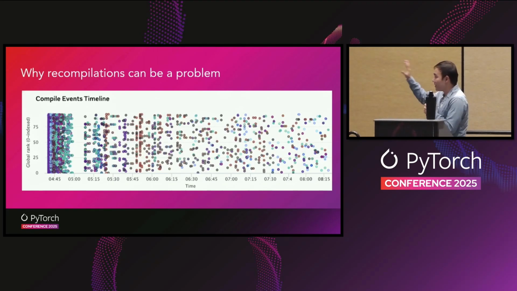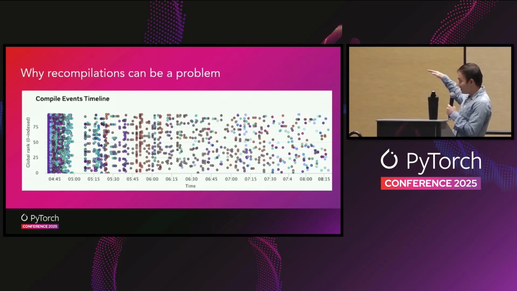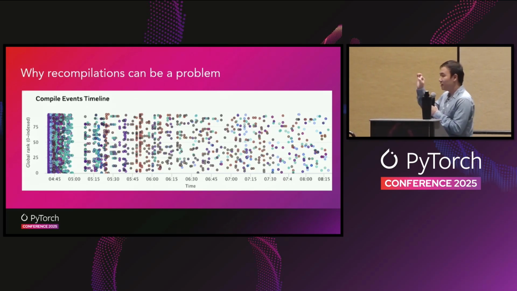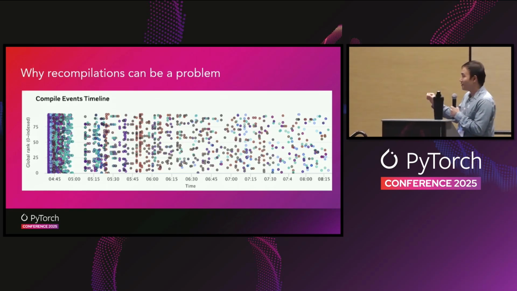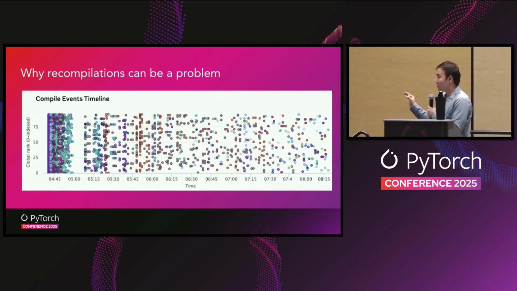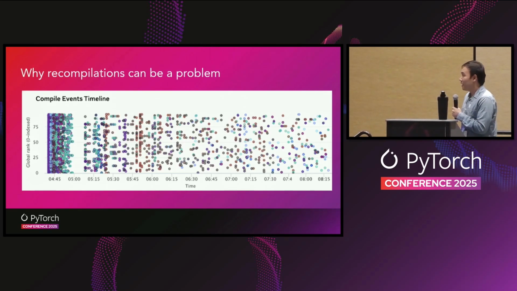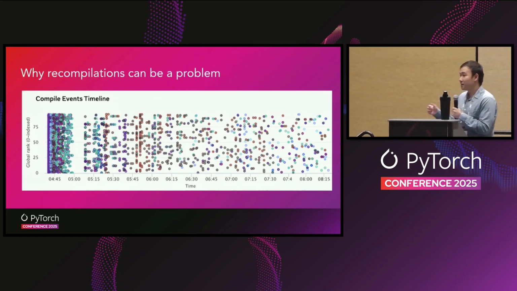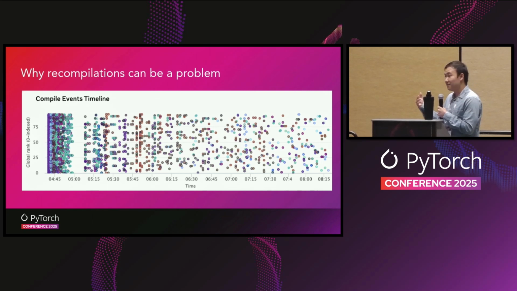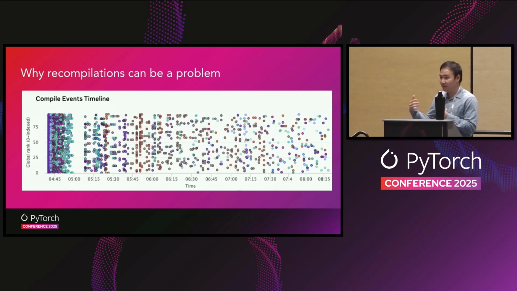So the way to interpret this graph is each horizontal line is a GPU, and each circle is a recompilation. And as you can see, the recompilations are quite unpredictable and quite unwieldy. And in a distributed environment, this is particularly problematic because distributed GPUs actually have to synchronize. They synchronize via collectives.